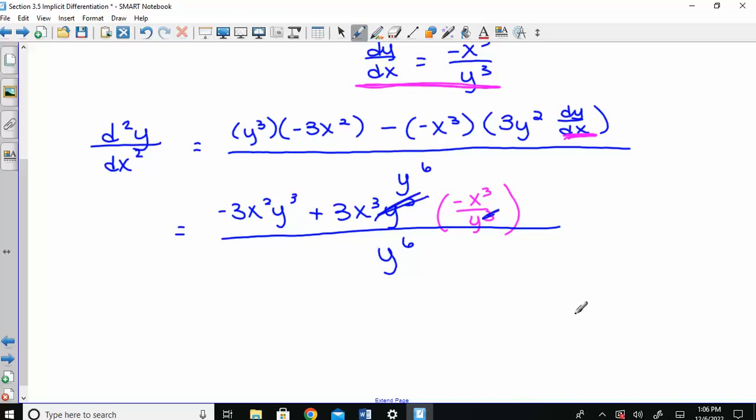So here, 2 of these y's would cancel. We don't like a fraction in a fraction, do we? So the easiest option is just take top and bottom times a y.